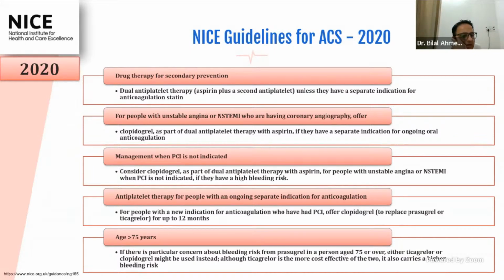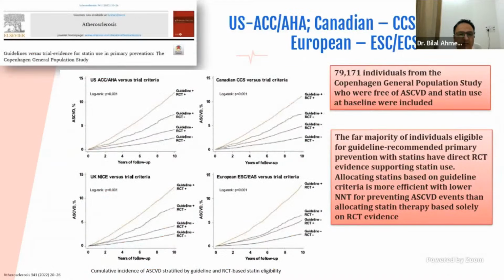There are concerns in people who are of older age. One of the antiplatelets, prasugrel, is usually not used in people who are above 75 years old. Either ticagrelor or clopidogrel can be used as the second antiplatelet.